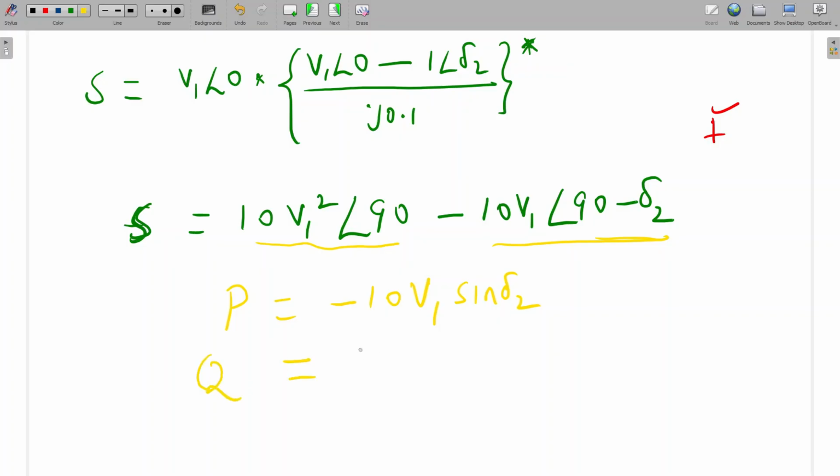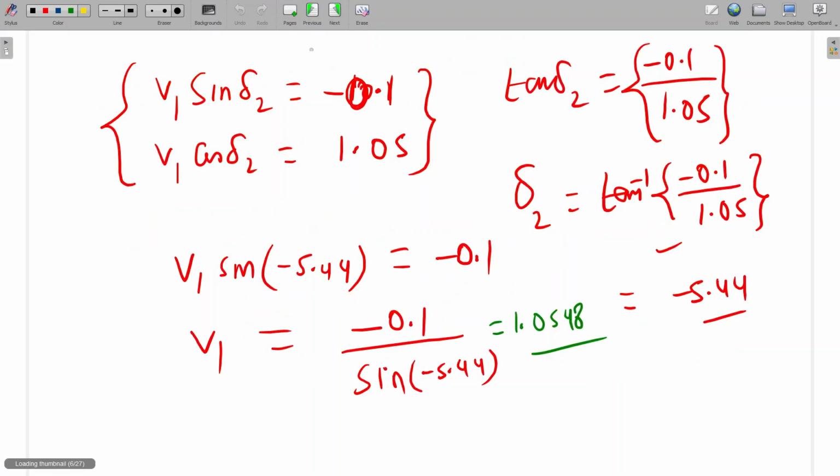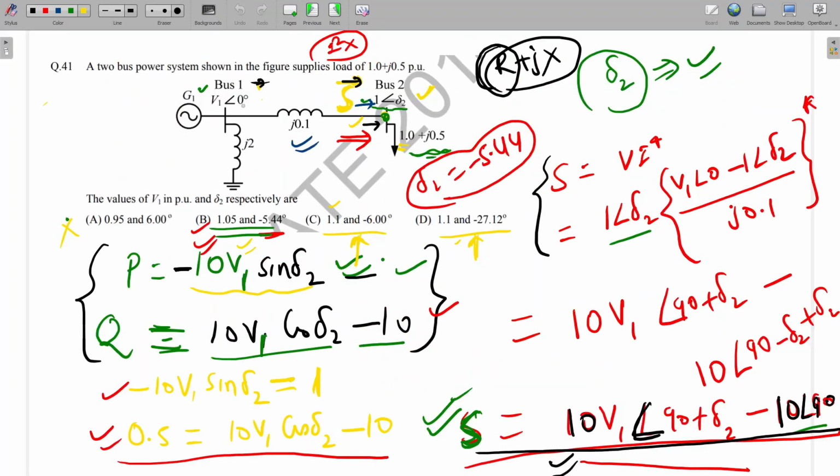Q will be 10 V1 square sin 90, and sin 90 will be 1, minus 10 V1 sin 90 minus delta, that is cos delta. So this will be the reactive power equation at this end.